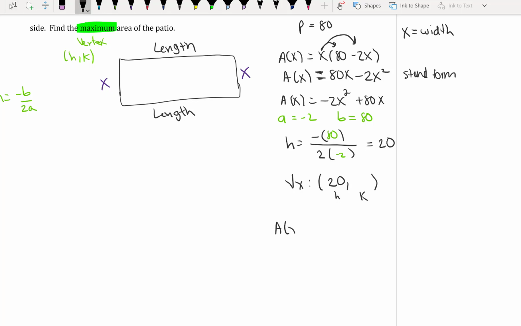So my A of x is equal to negative 2x squared plus 80 times my x, and the value that I'm plugging in is 20. I get that my area is equal to 800, or better yet, your k value.